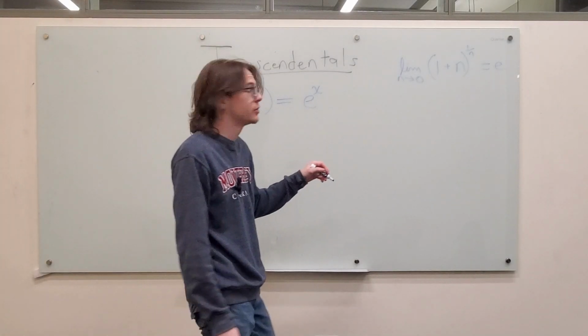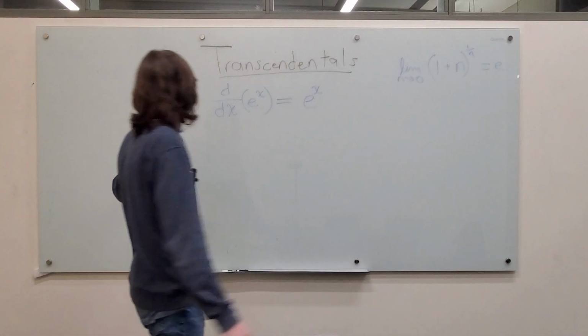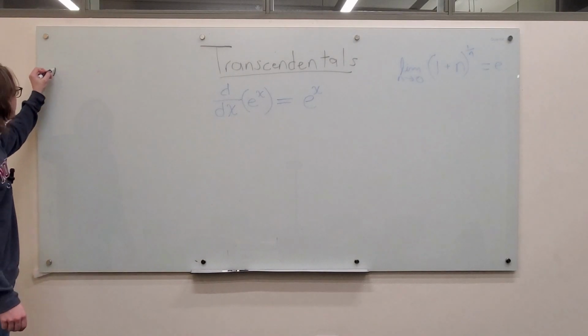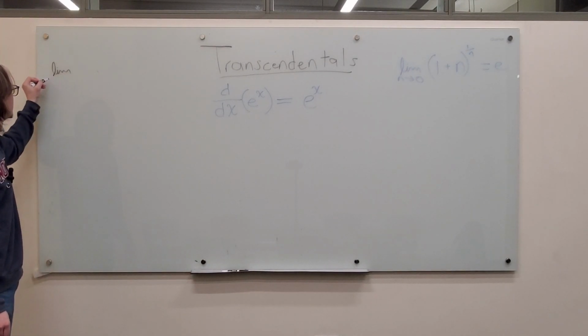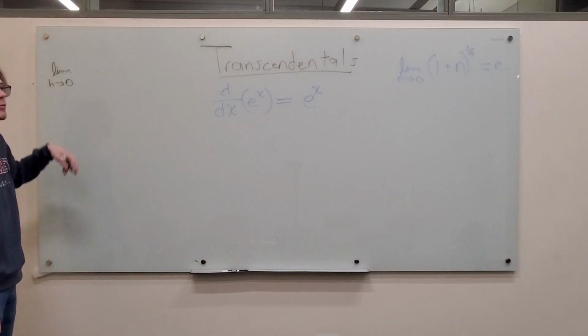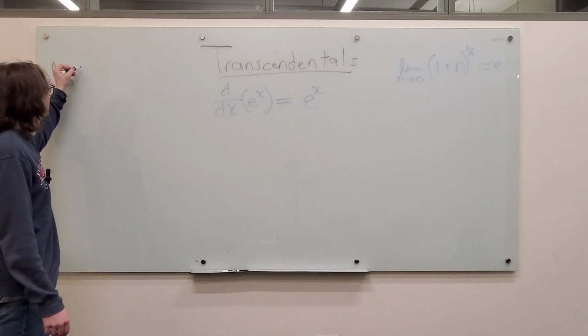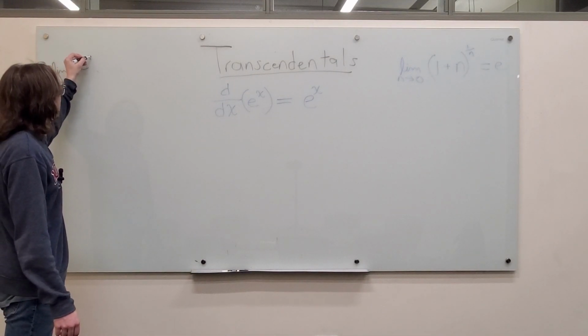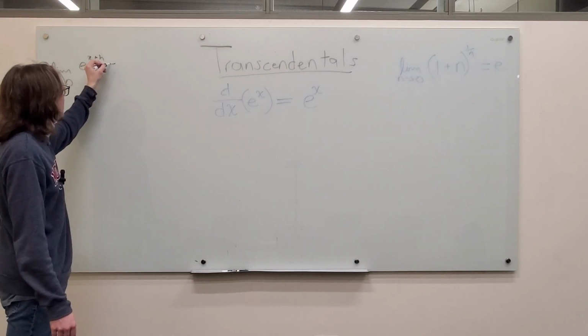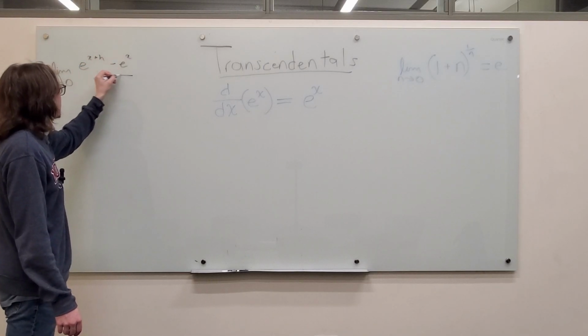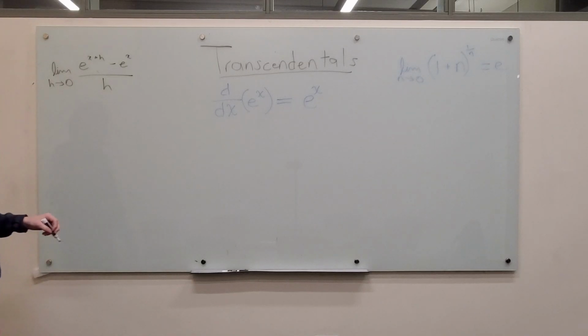Once again, let's go ahead and start. We've got the limit as h goes to 0 of f of x plus h, which of course is going to be e to the x plus h minus e to the x all over h.